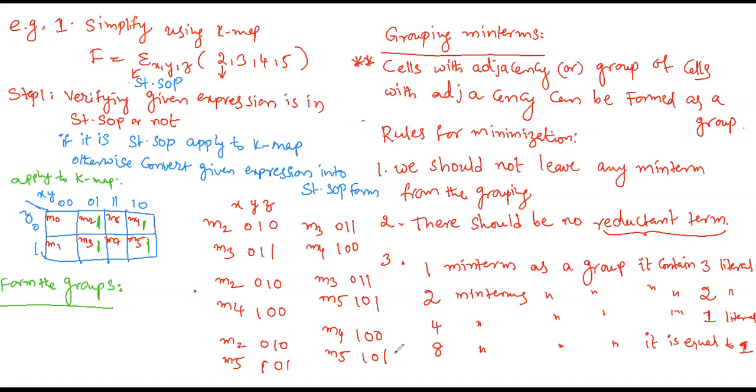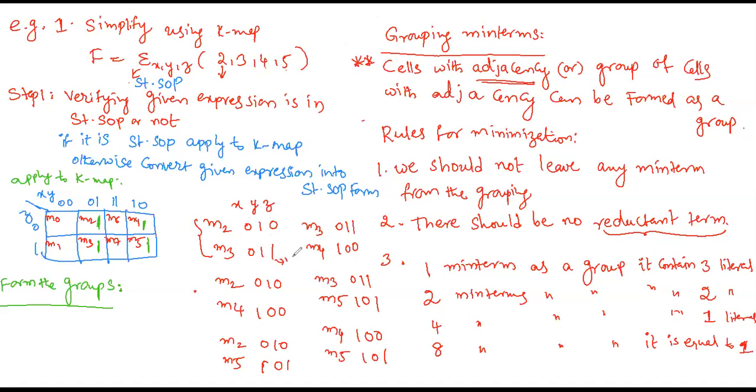Okay. Now, only if the cells are adjacent do we need to form them as a group. For adjacency, there should be only one bit change between two cells. I am checking the X value first. M2, M3: X value same, Y value same, Z value differs.